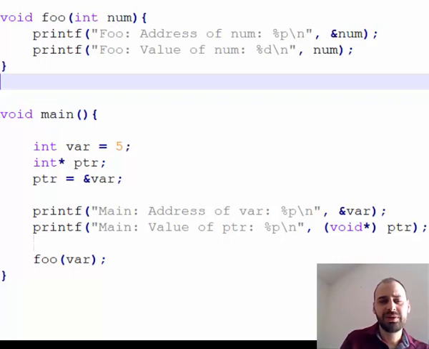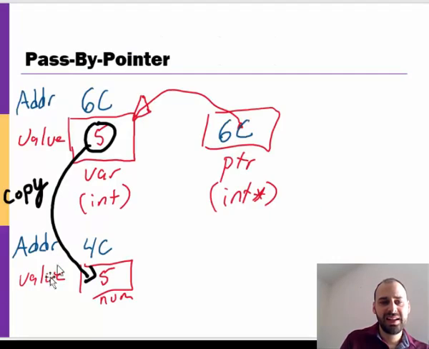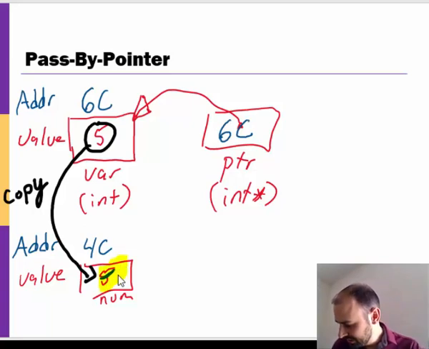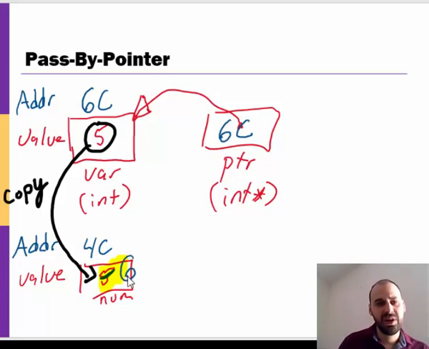One of the key things to note is that if we change the value down here to something else, at any point, we are not affecting the original variable because it's in a different memory location. That's a key idea when we're looking at PassByValue. This is still PassByValue.